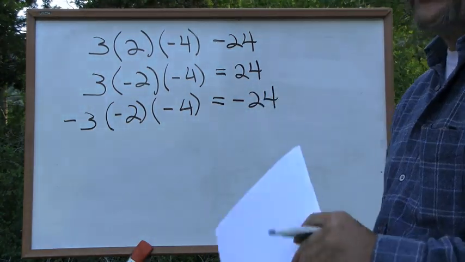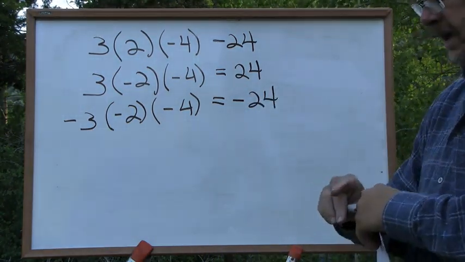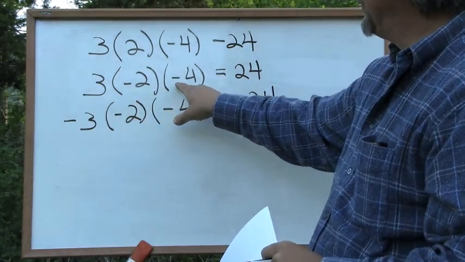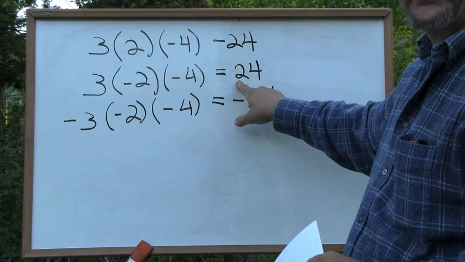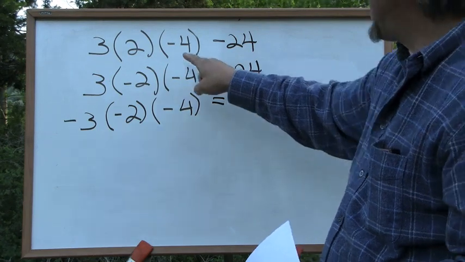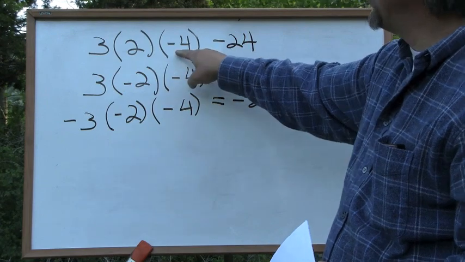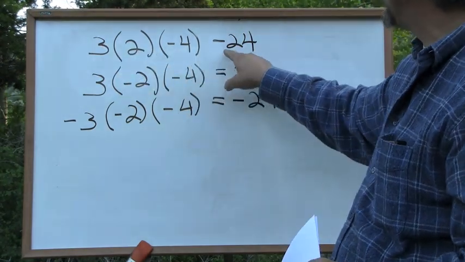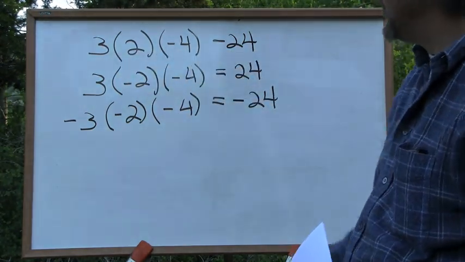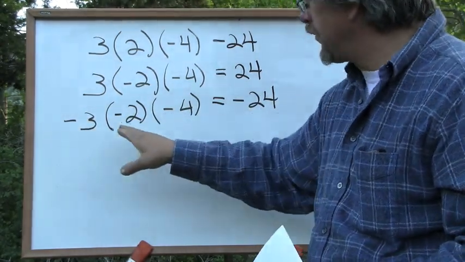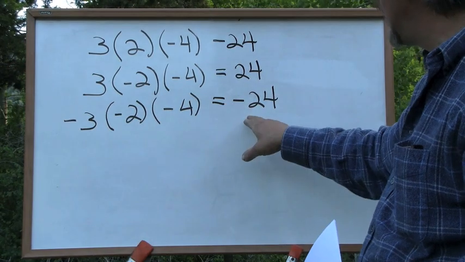The thing you want to see here is when we have an even number of negatives, it's going to be positive. If you have an odd number of negatives, it's going to be negative. Here we only have one negative in the equation, and it comes out to be negative. Here we have 3 negatives, so we know because there's an odd number of negatives, it'll be negative.